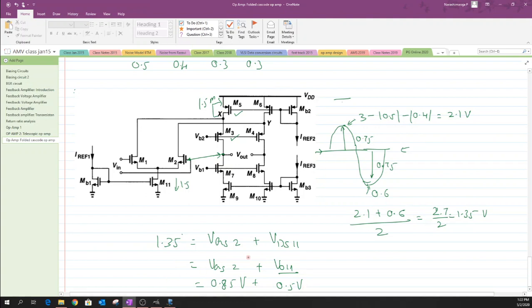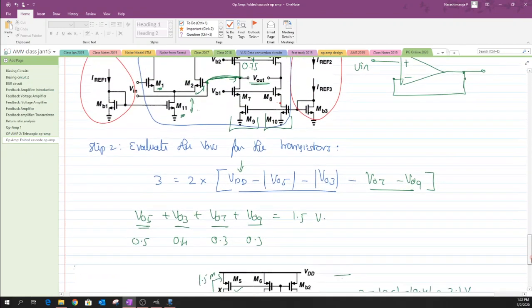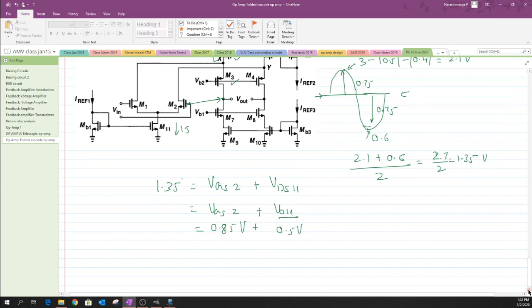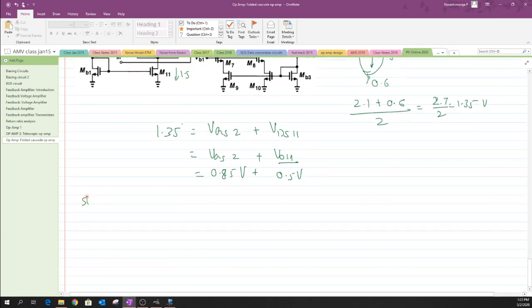And so right now we have set up all the basic requirements that are required in order to evaluate the W/L factors. So we'll just move on to the next step, which is step number 3, the calculation of aspect ratio.